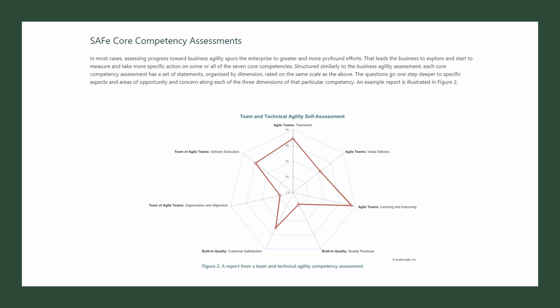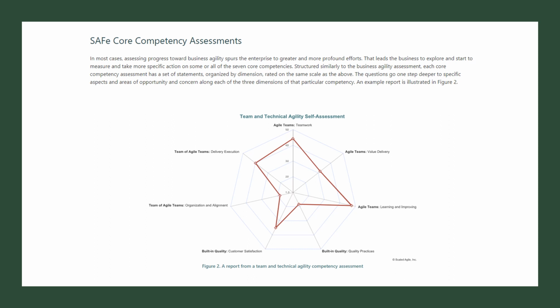Structured similarly to the business agility assessment, each core competency assessment has a set of statements organized by dimensions rated on the same scale. The questions go one step deeper to specific aspects and areas of opportunity and concern along the three dimensions of that particular competency, right?